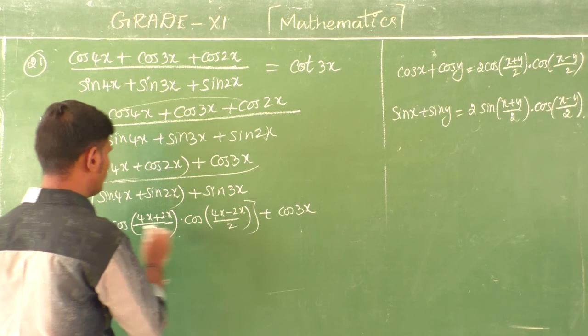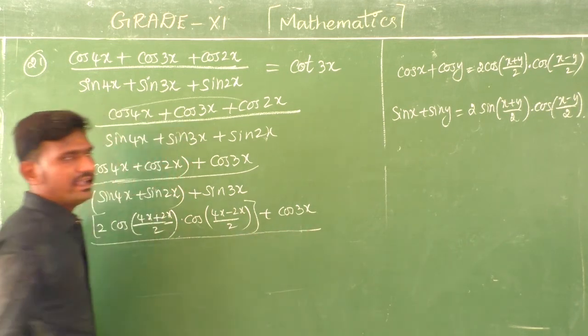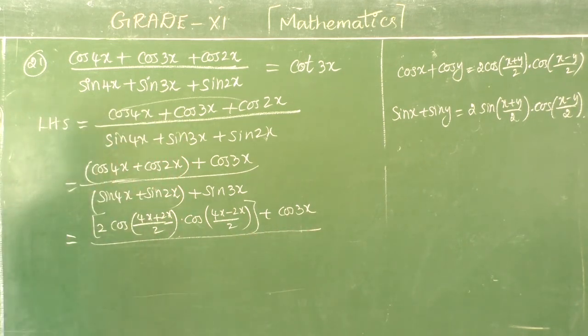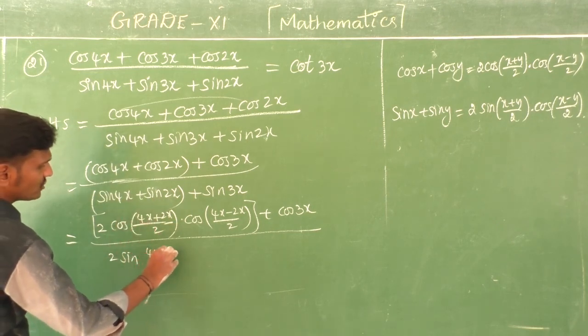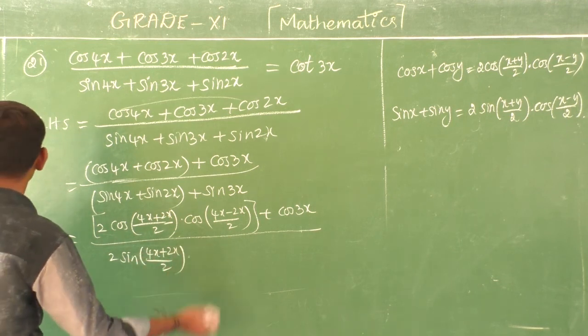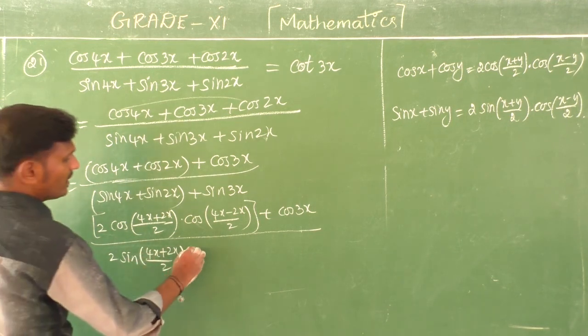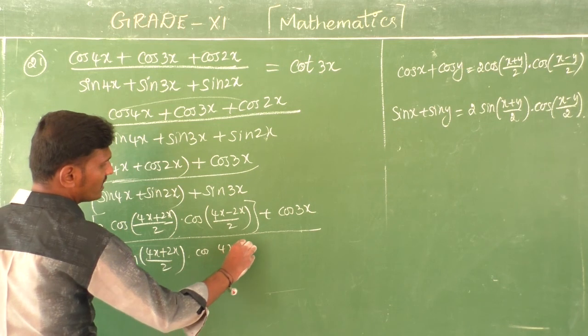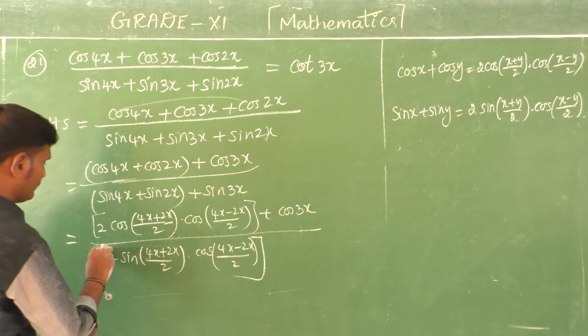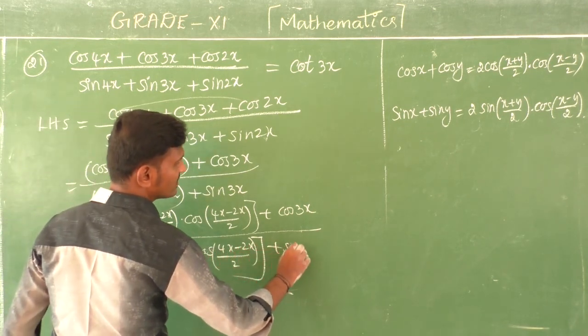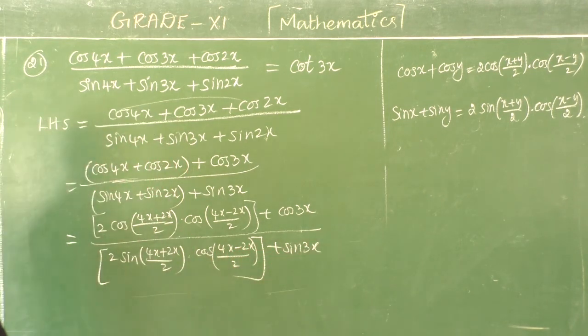Whole divided by, sin x plus sin y formula I am going to use, 2 sin (x plus y) by 2, so 2 sin (4x plus 2x) by 2 into cos (4x minus 2x) by 2, plus sin 3x.